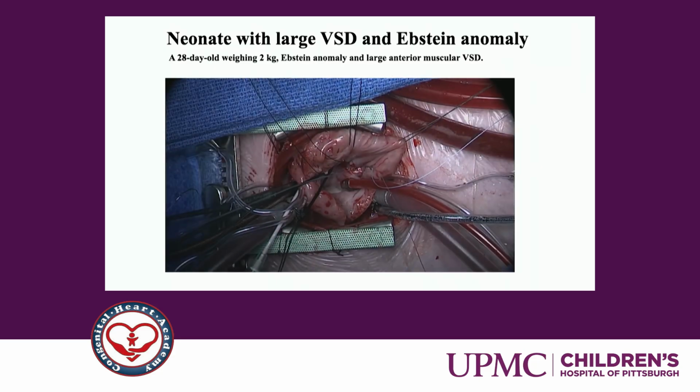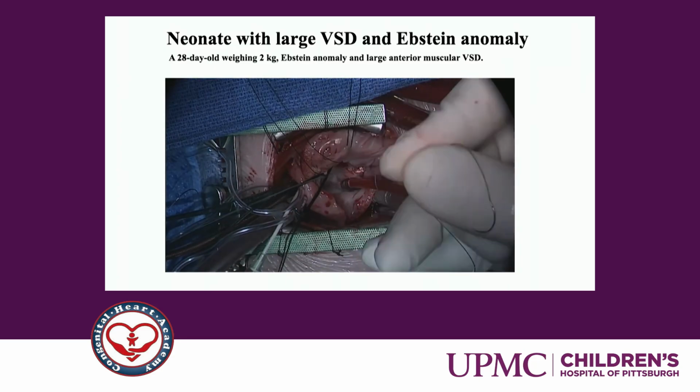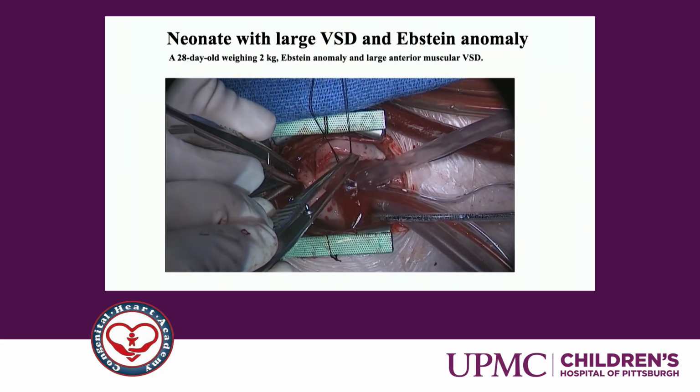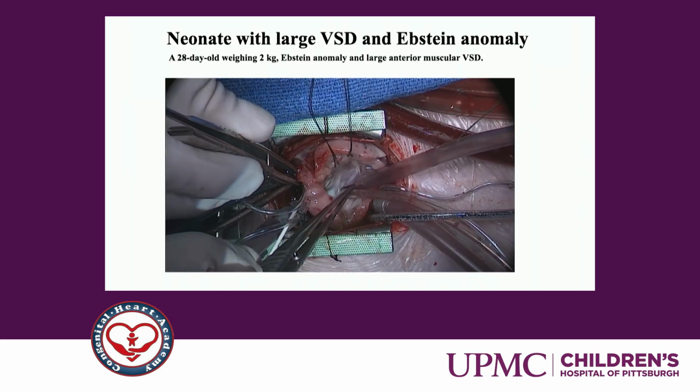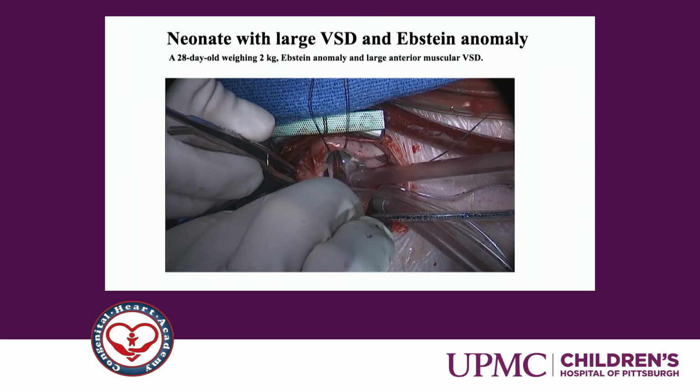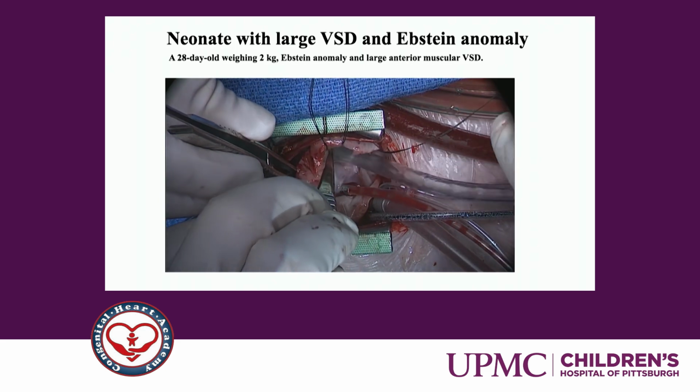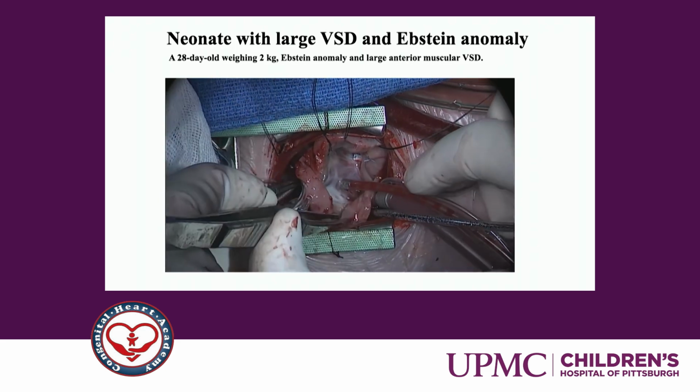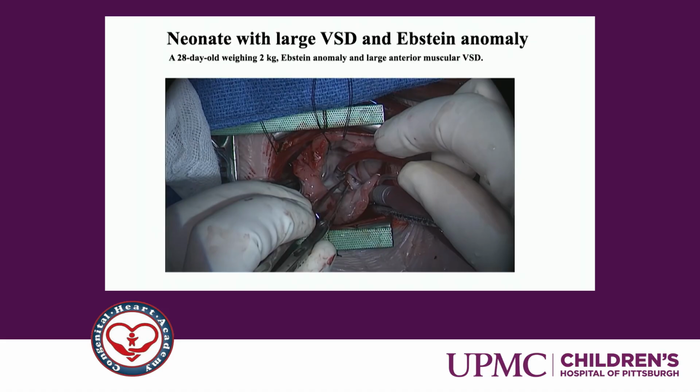Yet whatever procedure is done, the competence of the tricuspid valve is important. Now this is a water test, and now the valve is very competent and holds the water very well.